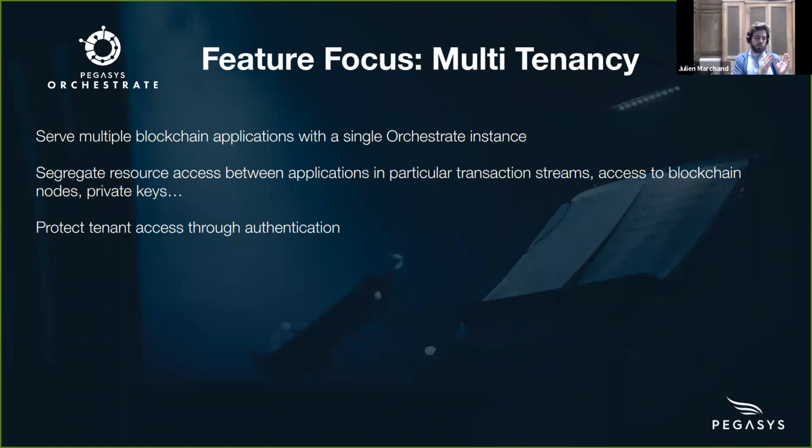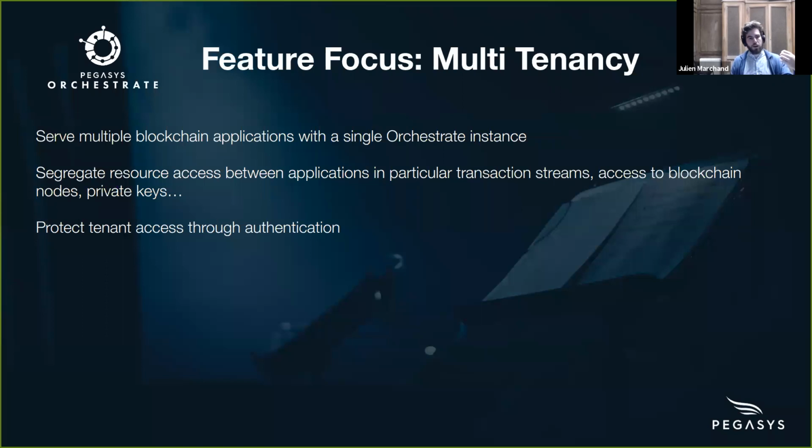You want to make sure that the keys of tenant A cannot be accessed by tenant B, and you also want to make sure that the private blockchain state, for example, the Orion of tenant A, cannot be accessed by tenant B. So for that, we have the multi-tenancy in place that will make sure that the data are not mixed, and we enforce the authentication using JWT tokens and the OpenID Connect standard.